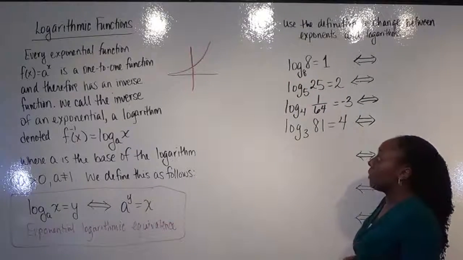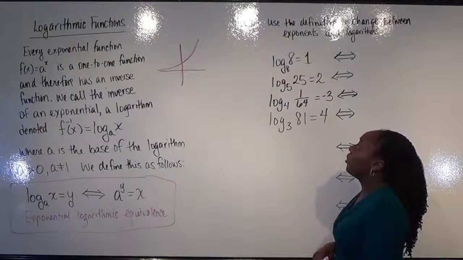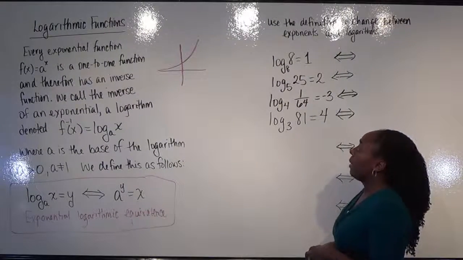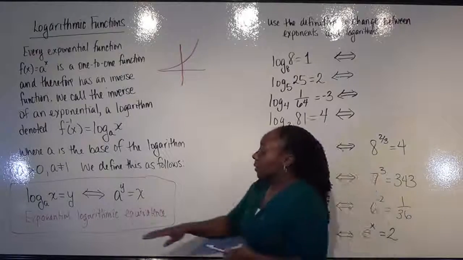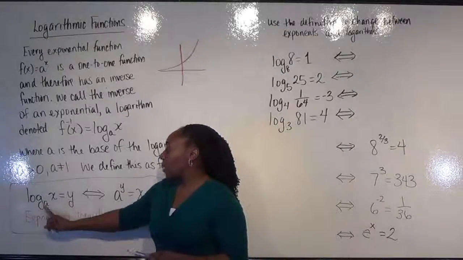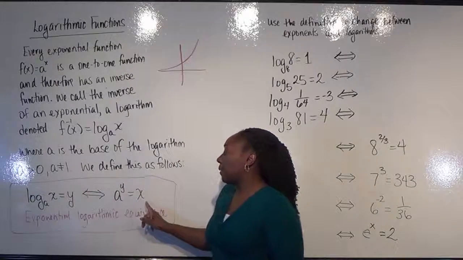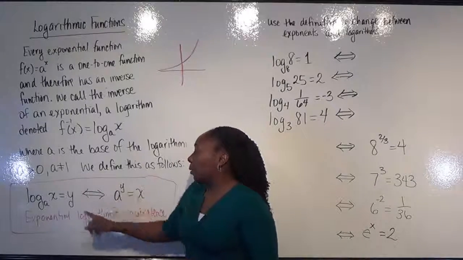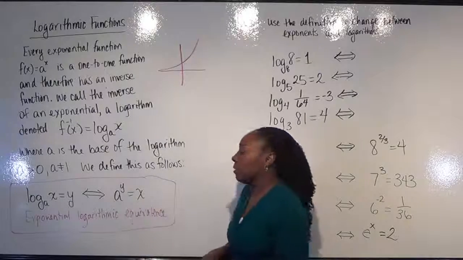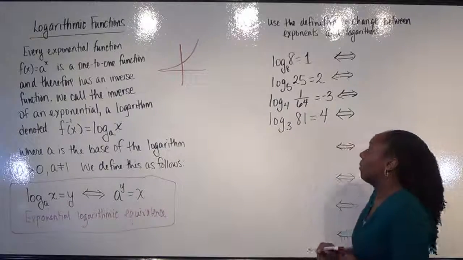And we want to change it, because it's in a logarithm form, to an exponential form. And so here again, looking at our equivalence, once we know what the base is, and the argument, and the answer, we can just rewrite using those different pieces of the logarithm.